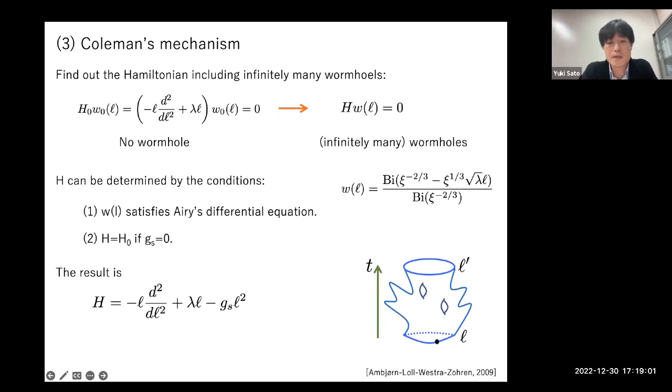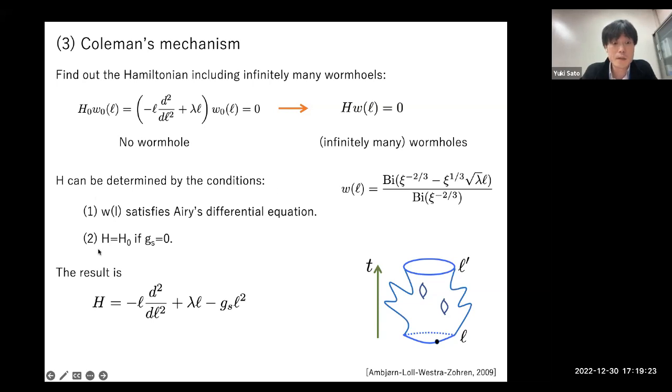This is possible by the following two conditions. First, this Hartle-Hawking function should satisfy the Airy differential equation. This is because this W is expressed by the Airy function.